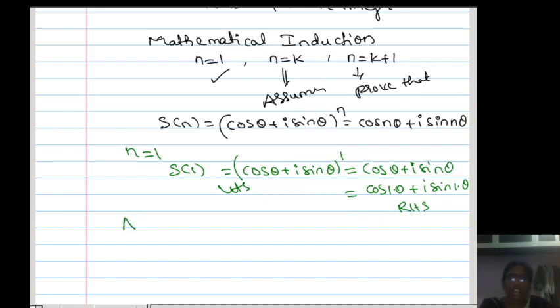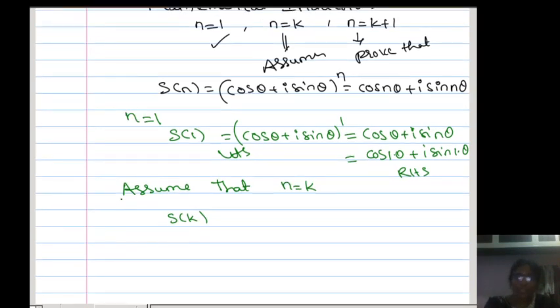Now let us assume that the relation is true for n equal to k, meaning S of k is true. So S of k is: (cos theta plus i sin theta) whole power k is equal to cos k theta plus i sin k theta.